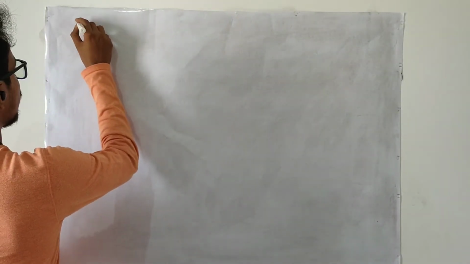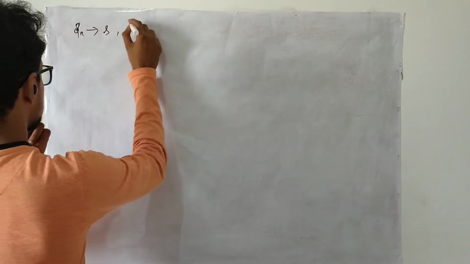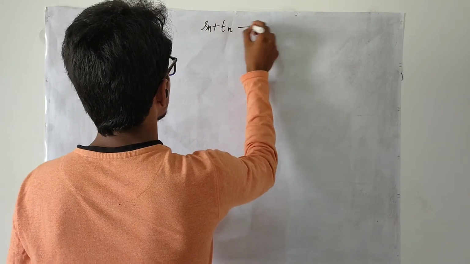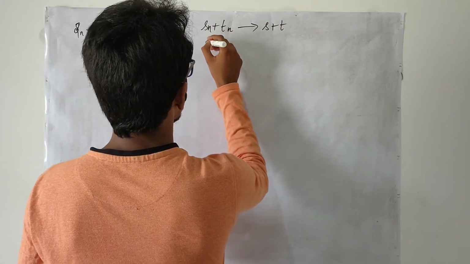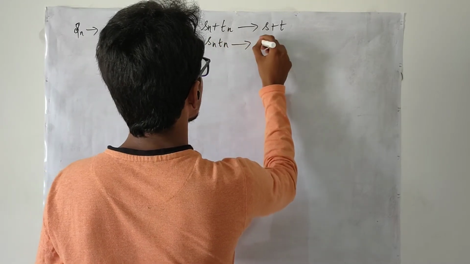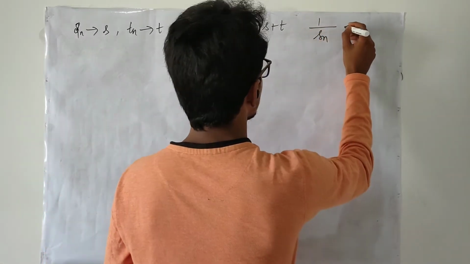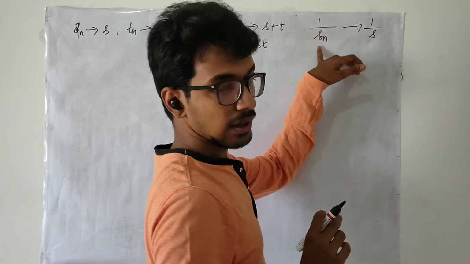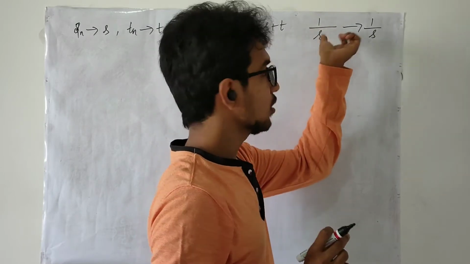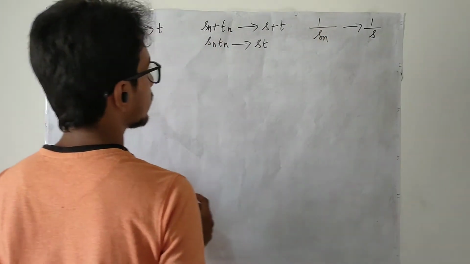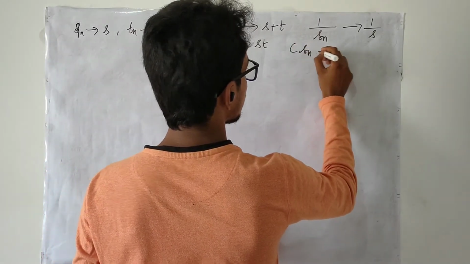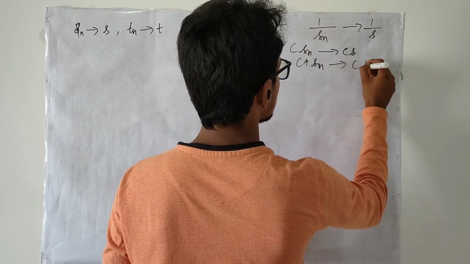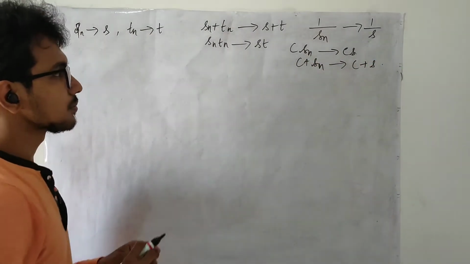That is, if we have two sequences Sn which converges to S and Tn which converges to T, we had what? Sn plus Tn converges to S plus T, and Sn Tn converges to ST, and 1 upon Sn converges to 1 upon S. This is true only when all the terms in Sn are non-zero as well as S is non-zero, and a constant multiple of the sequence converges to the constant multiple of the limit, and a constant plus some sequence converges to the constant plus the limit.